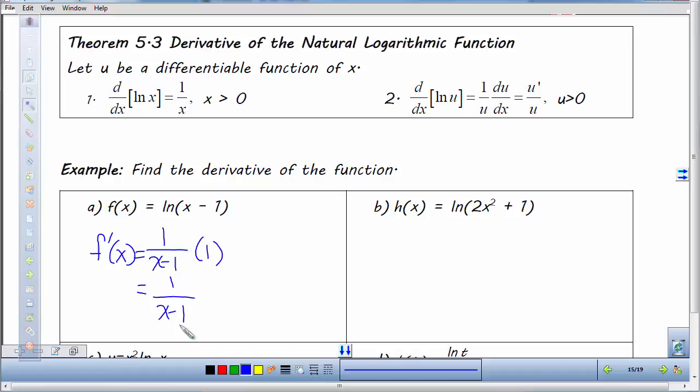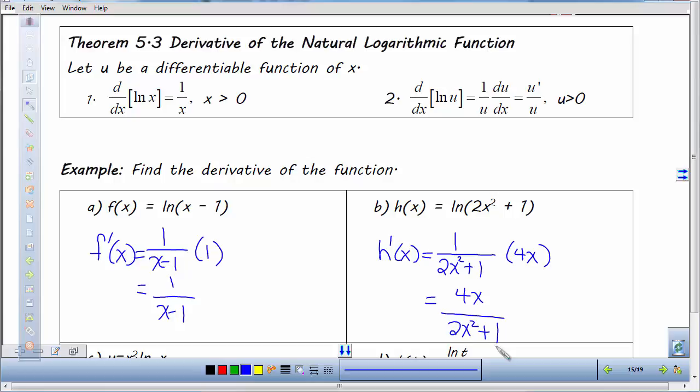The derivative of natural log of 2x squared plus 1 is going to be 1 over 2x squared plus 1 times the derivative of this, which is what? 4x. So we might write that more concisely as 4x over 2x squared plus 1.